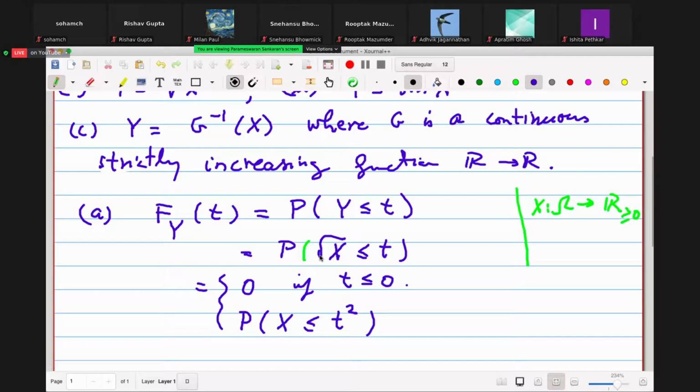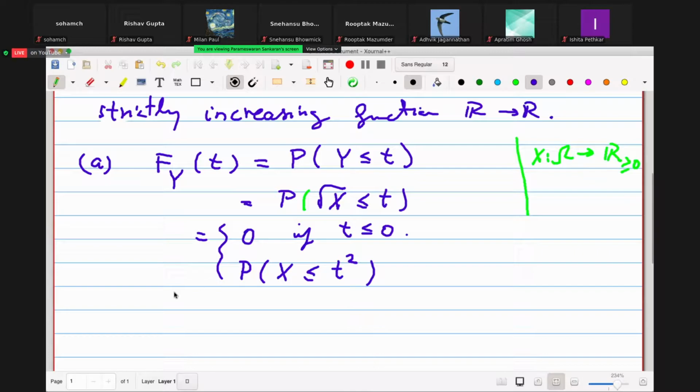Assuming X takes values bigger than or equal to 0, square root of X being less than or equal to t is equivalent to X being less than or equal to t square, and this is F_X of t square, for t bigger than or equal to 0, and 0 otherwise.